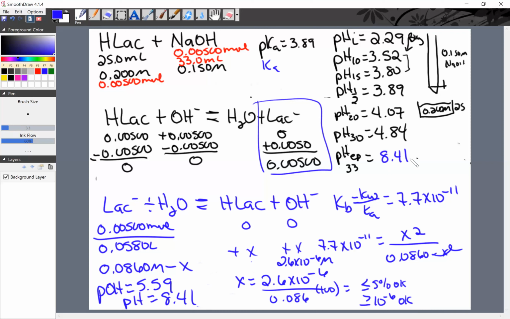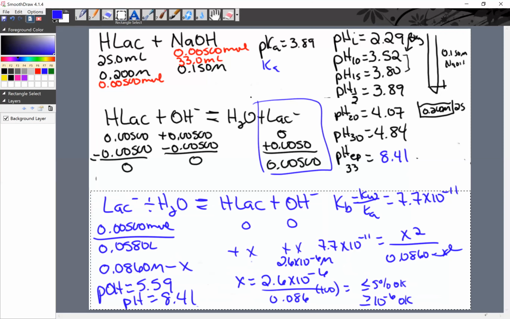Did we expect to have a basic pH? Well, yes, because weak base is now floating around in my water. All right, now in order to get a graph, we need a couple of overshoots. So let's do 5 milliliters and 10 milliliters of an overshoot.